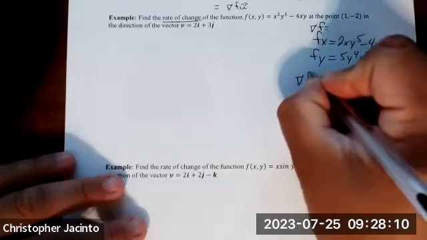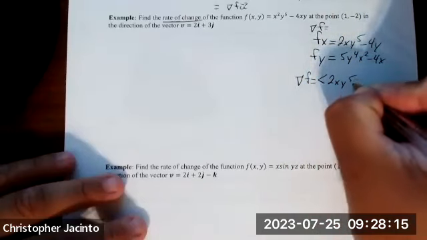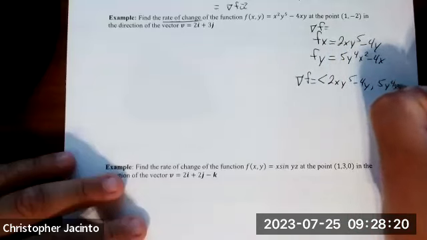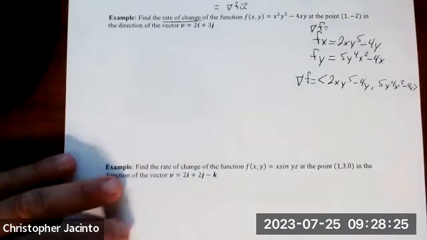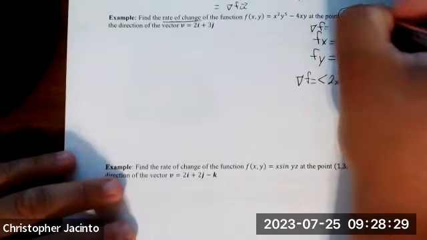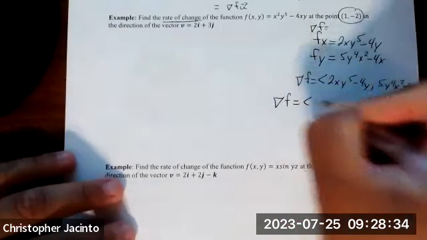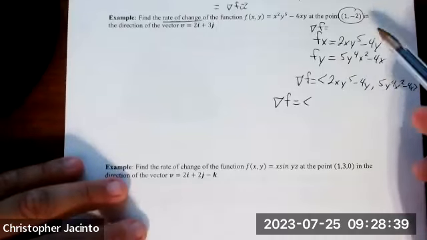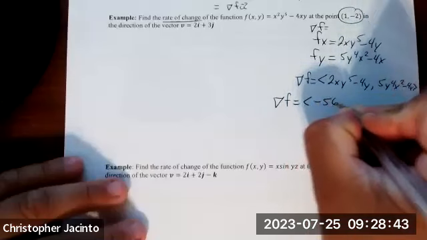So our gradient vector is going to be those two put together. Now we want it at the point (1, -2), so we can find the gradient at the point (1, -2). Just plug it in. Okay, so if I did my math correctly, I should get this.